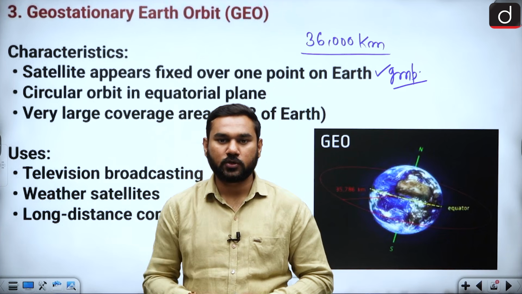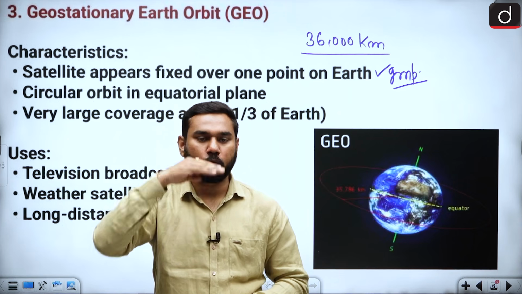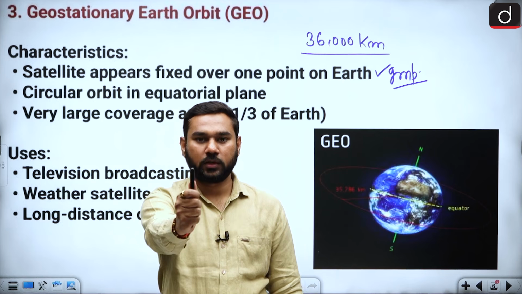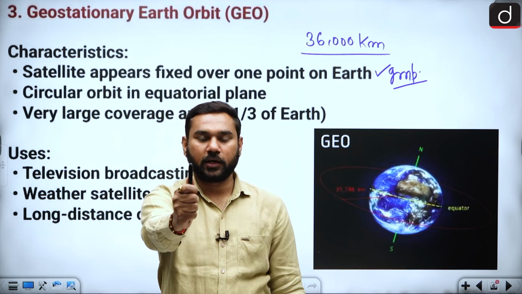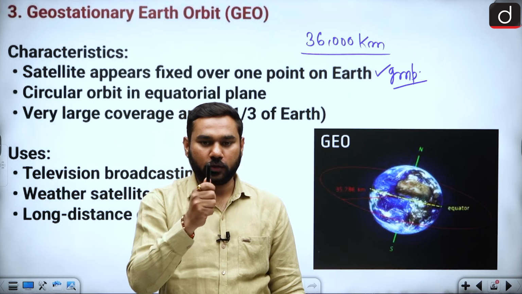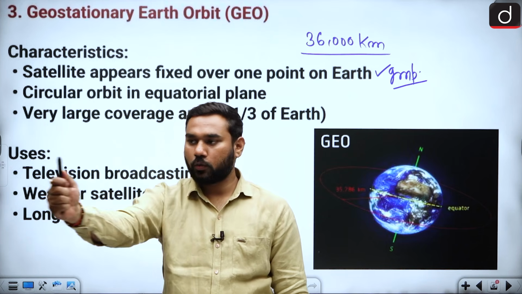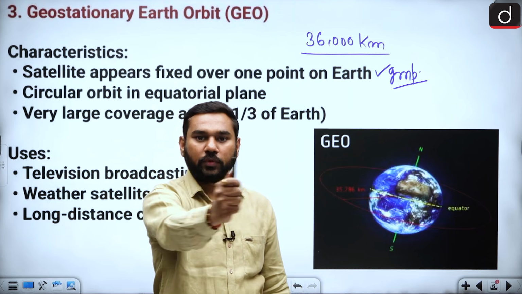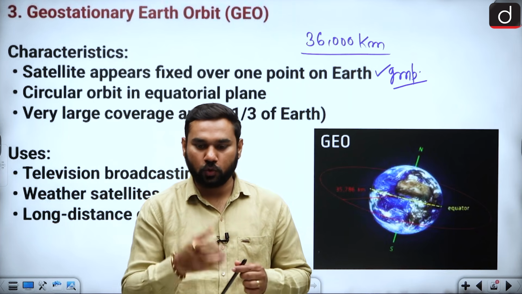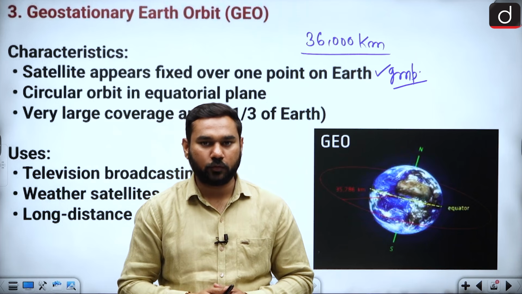Just imagine, if my face is Earth and my nose is related to the equator, and I send a satellite in front of my nose, this arm length is related to 36,000 kilometers. If you launch it in front of the equator and it moves around, both are moving in the same time. Like me, Earth rotates once on its axis in 24 hours, and this satellite also takes 24 hours.